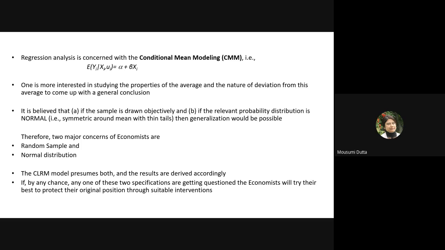Therefore, two major concerns of economists are random sample and normal distribution. The classical linear regression model presumes both, and the results are derived accordingly. If by any chance one of these two specifications is questioned, the economists will try their best to protect their original position through suitable intervention.